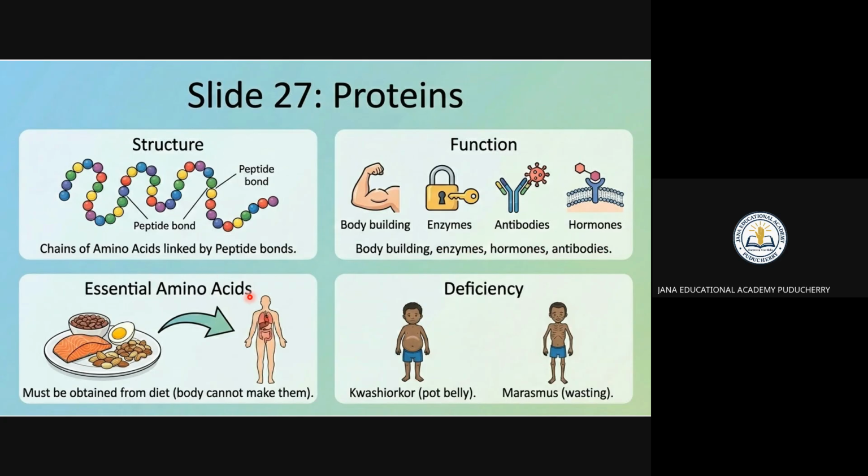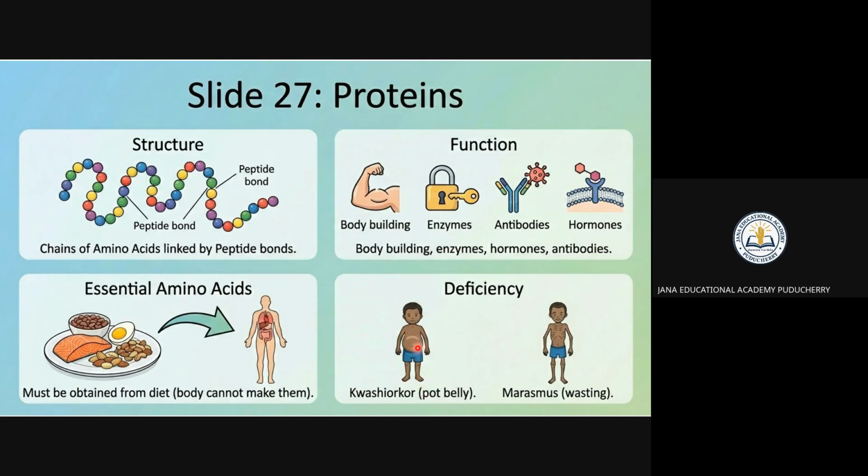You can see essential amino acids must be maintained in your diet, right? They must be obtained from food, because the body cannot make them. So you have to maintain nuts, fish, right? From the essential amino acids only you are going to get the protein. If there is a deficiency in protein, what is happening? It might be asked which diseases will be caused by protein deficiency.